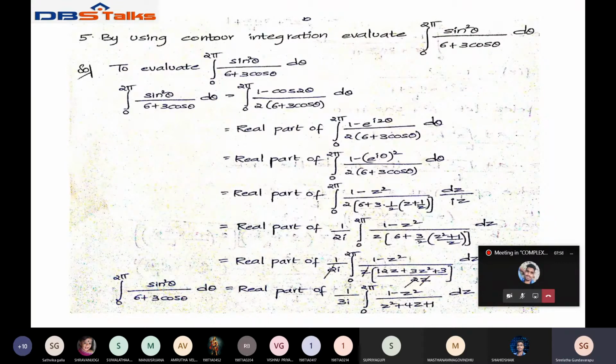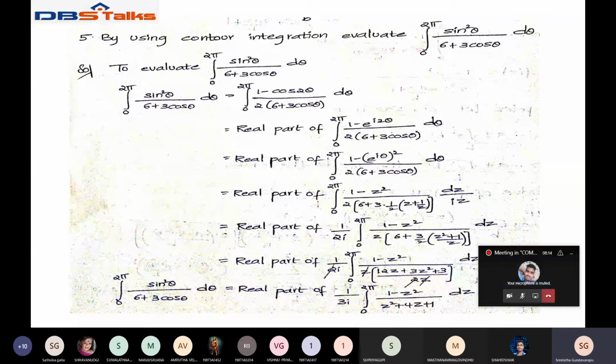That equals the real part of the integral of (1 minus z²) by 2 into (6 plus 3 into cos θ, meaning 1/2 into (z plus 1/z)), and dθ means dz by iz.